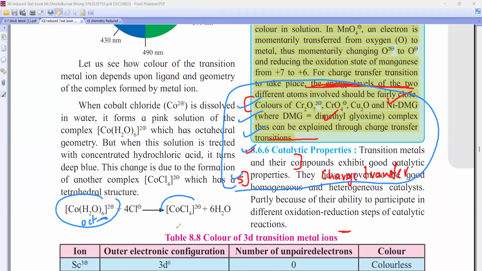Here it has become 4 coordinate, so the geometry is tetrahedral. The complex is pink when octahedral, but when the solution changes to another complex which is tetrahedral, the color changes. Have you taken this point?